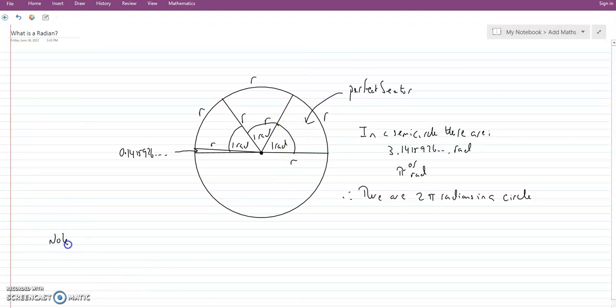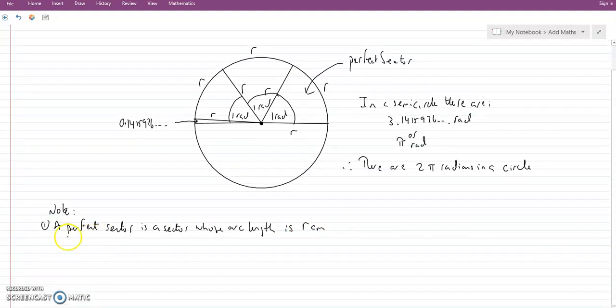Note 1: a perfect sector is a sector whose arc length, the portion of the circumference, is r centimeters or r units, whatever unit you use.